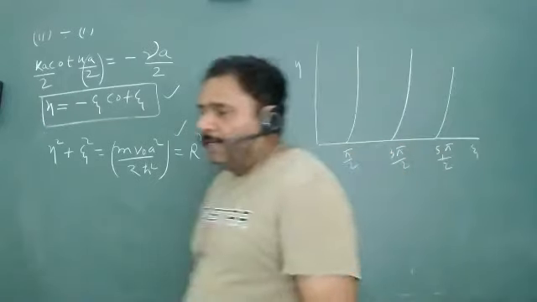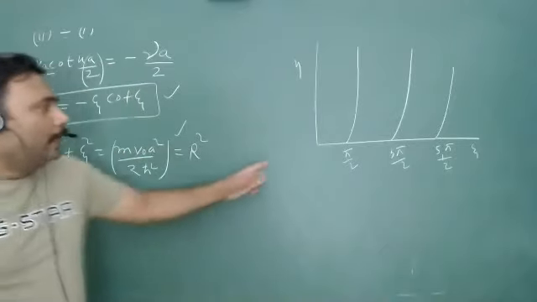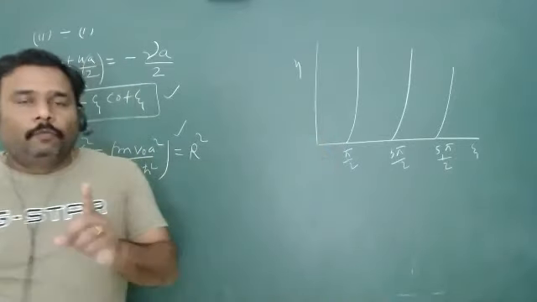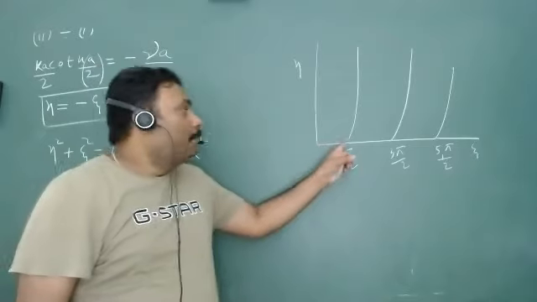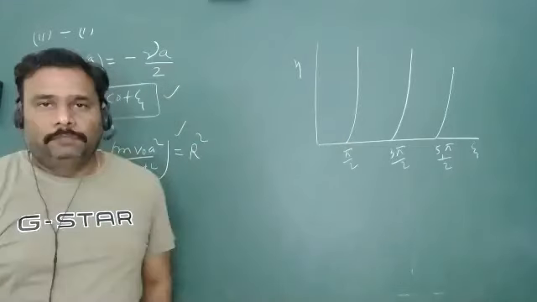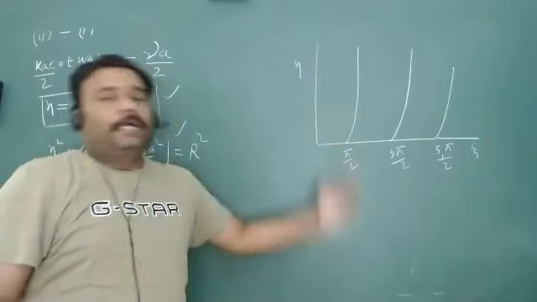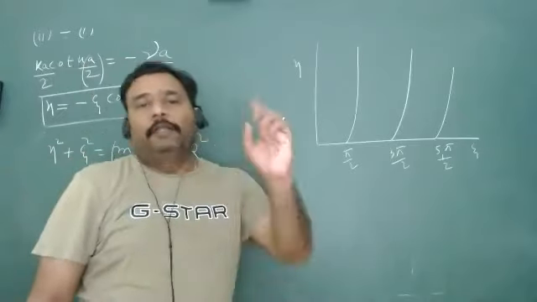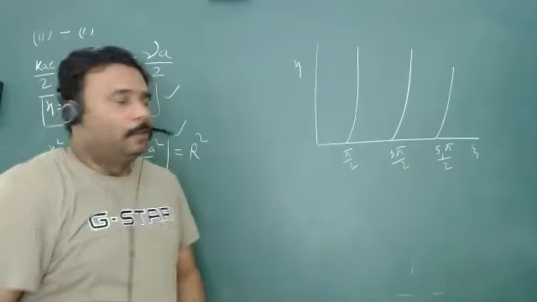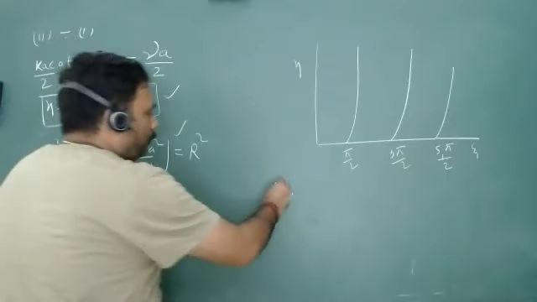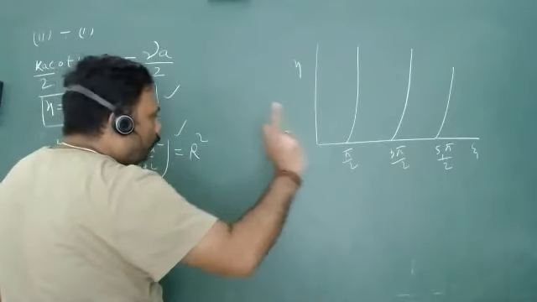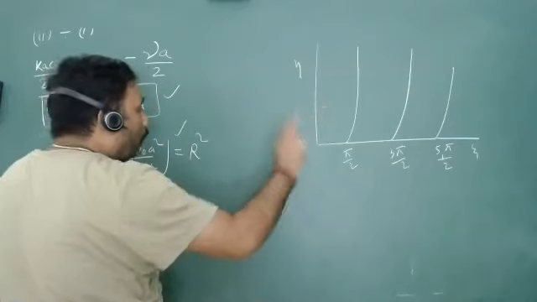Now you can see it's very interesting. The value of R for one odd bound state: R must be at least the value of pi by 2. If your value is less than pi by 2, you cannot get any odd state. So what will be the condition on R such that you have only one odd bound state?